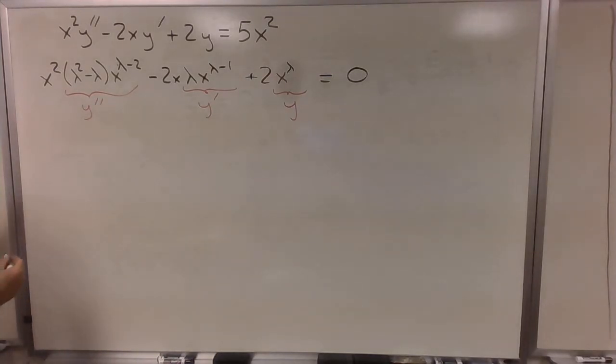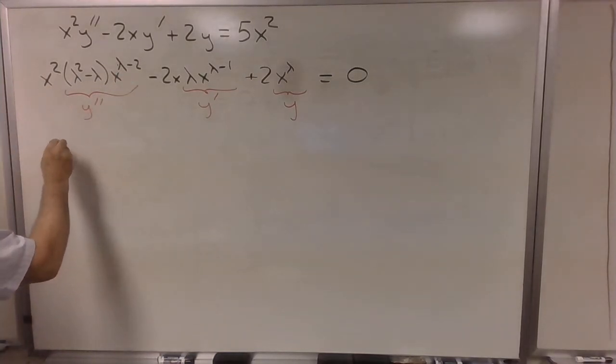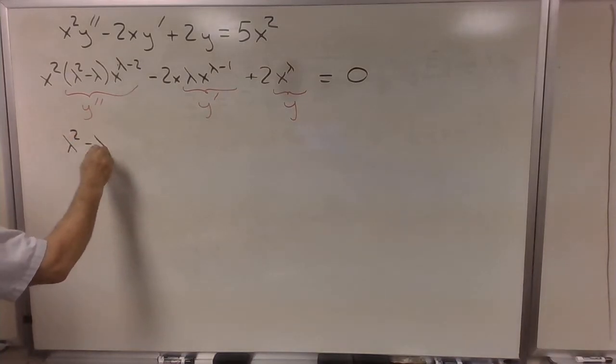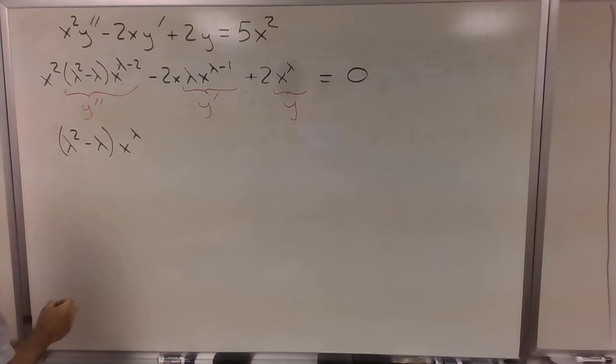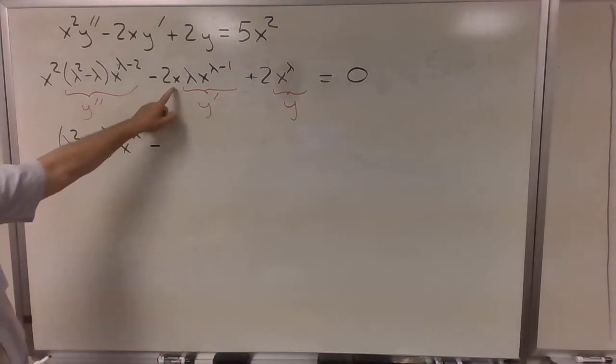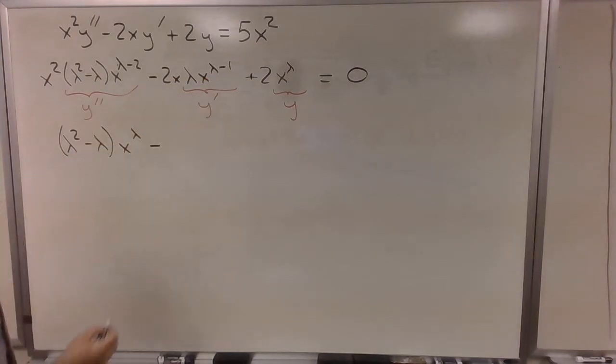So what do we have? X squared times x to the lambda minus 2 is just x to the lambda. And here x times x to the lambda minus 1 is x to the lambda.